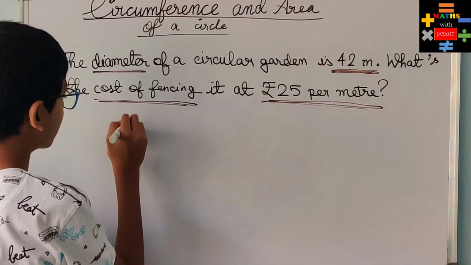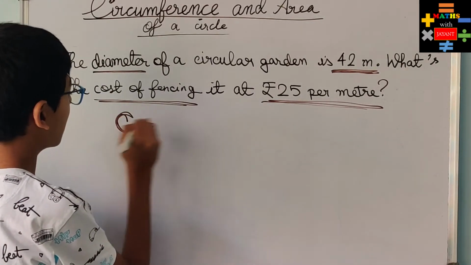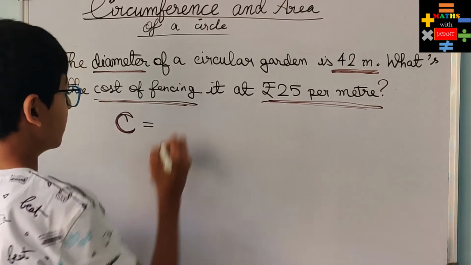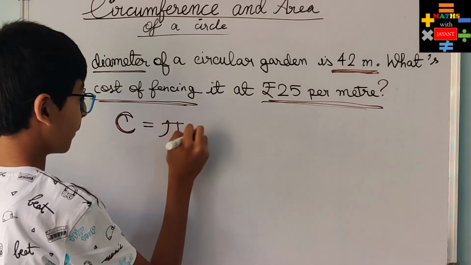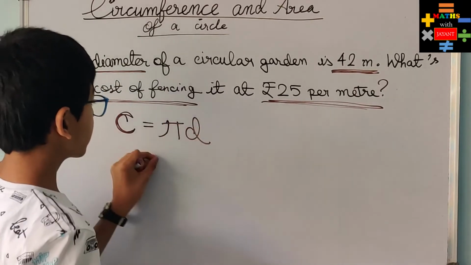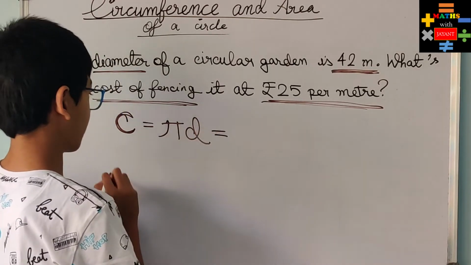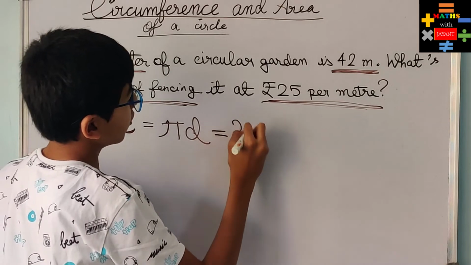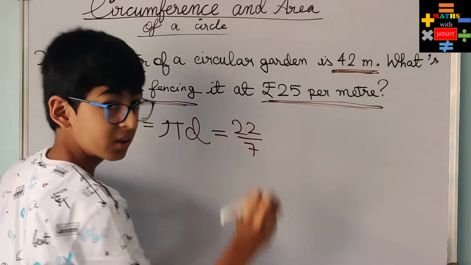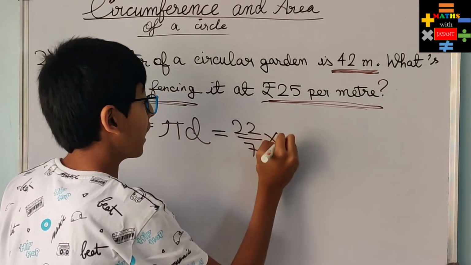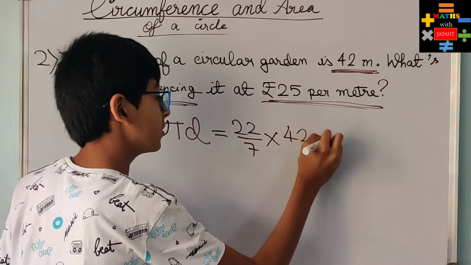So our circumference is equal to 2 pi r. No, over here we are given the diameter. So circumference is equal to pi d. We multiply pi with diameter. Now let's find something. Over here pi I could use as 22 by 7. Again, I could use the diameter's length as 42 meter.